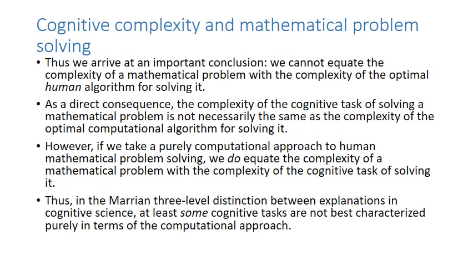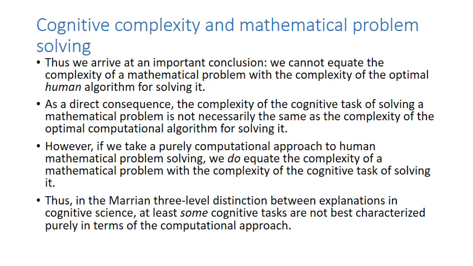So we arrive at an important conclusion. We cannot equate the complexity of a mathematical problem with the complexity of the optimal human algorithm for solving it. And as a direct consequence, the complexity of the cognitive task of solving a mathematical problem is not necessarily the same as the complexity of the optimal computational algorithm for solving it.